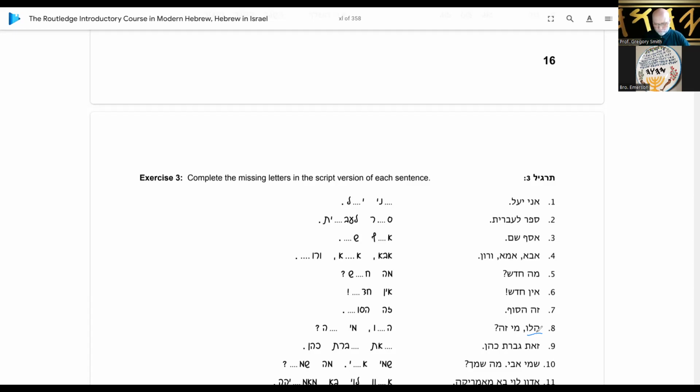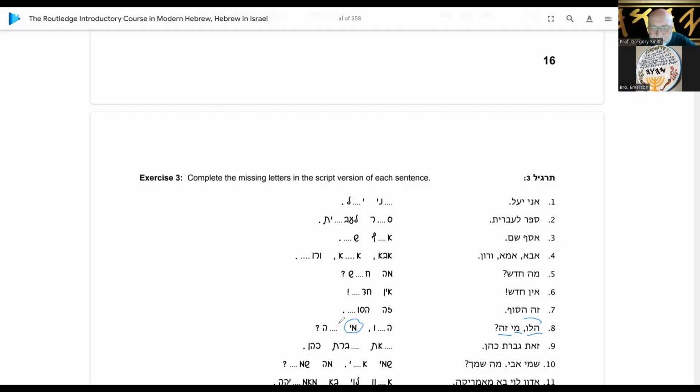There we go. Oh, it's a transliteration. Hello. Yeah, hello. It's just a transliteration. Hello. Me, Zet. Who is this? Hello, who is this? Okay, so this one is done.